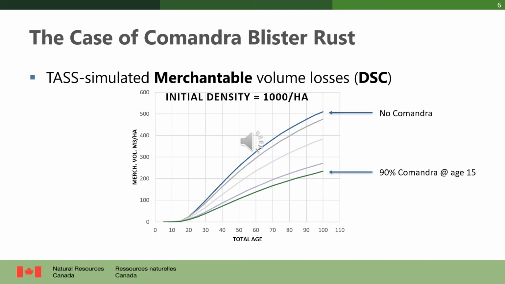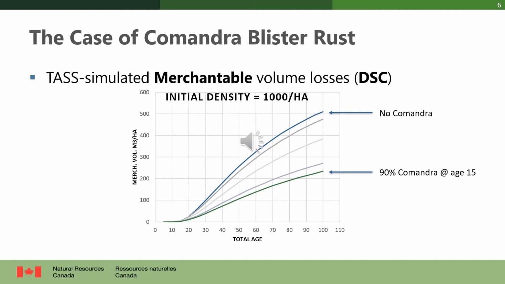Finally, we see here a figure showing the results for comandra blister rust. The impacts from this rust on lodgepole pine are much more severe than Western gall rust. On the x-axis, we have total age, and on the y-axis, we have merchantable volume in terms of cubic meters per hectare. The figure here shows a stand that was planted at 1,000 stems per hectare.